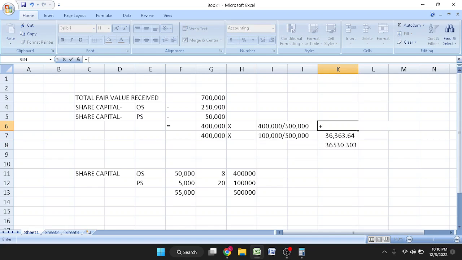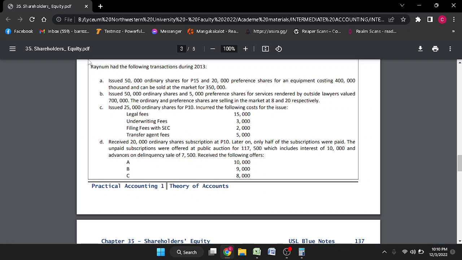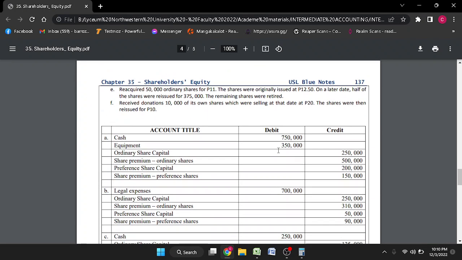Using that, times 400 divided by 500, times 100 over 500. That should have been 320 over 80. That's the closest that we could get.